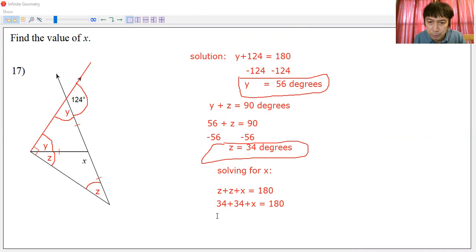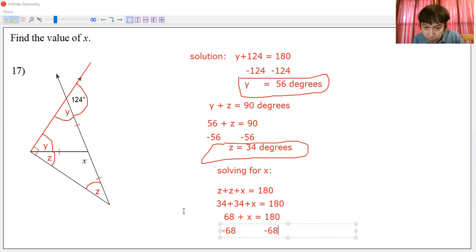So we will have here 34 added to 34, that's 68, plus x is equal to 180. Then we subtract 68 from both sides.